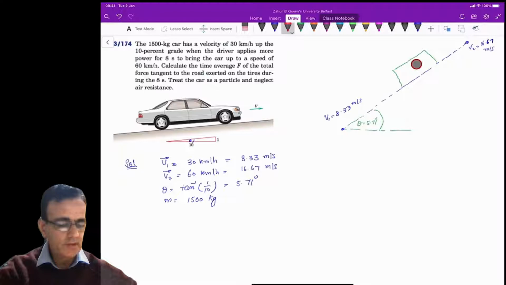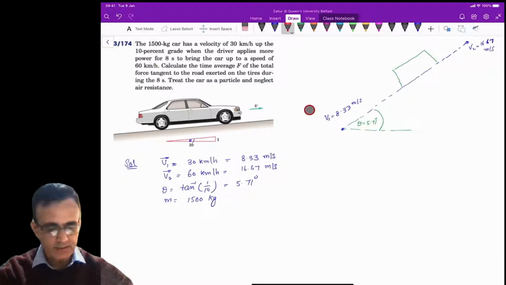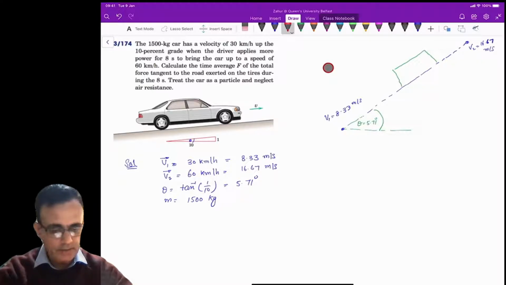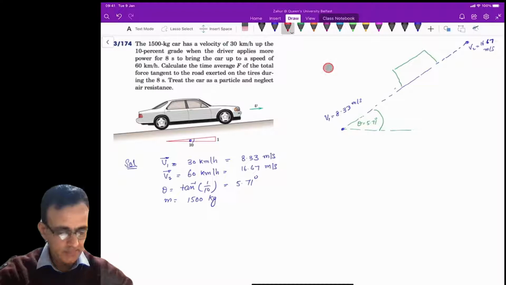Now, we need to identify all the forces which will act on this car. So first is the driving force, which is changing the velocity from 8.33 to 16.67, and that will be the applied force, which will be in this direction here.